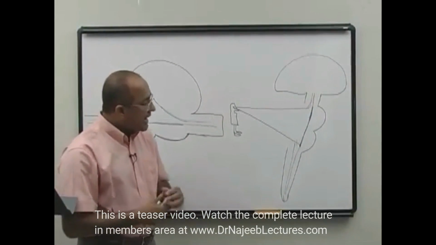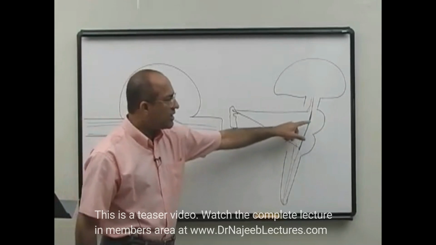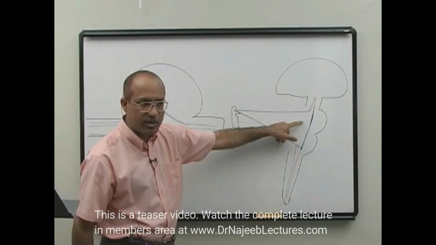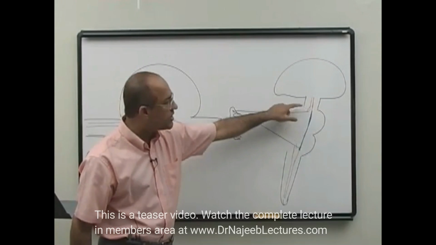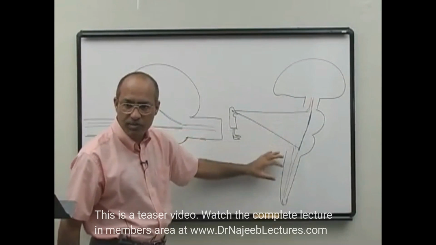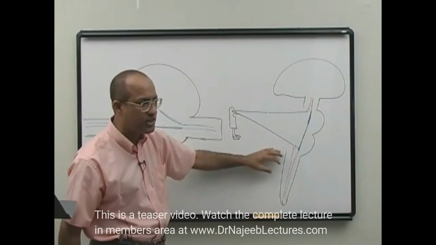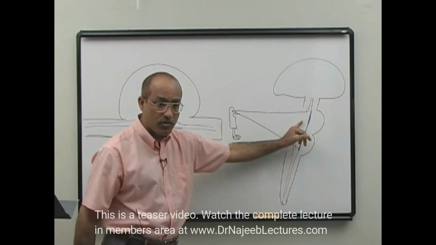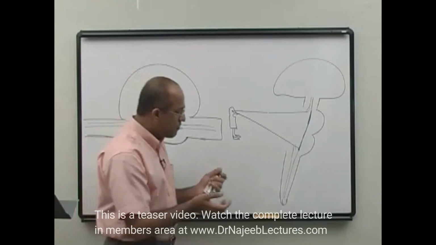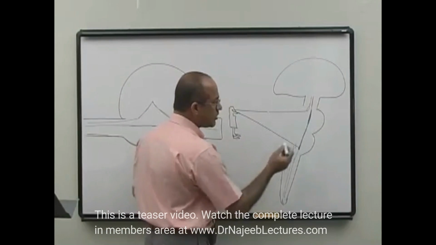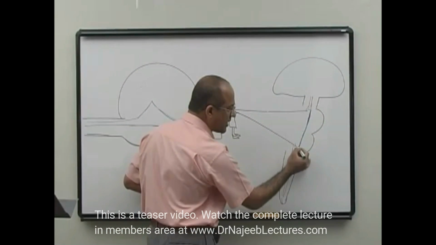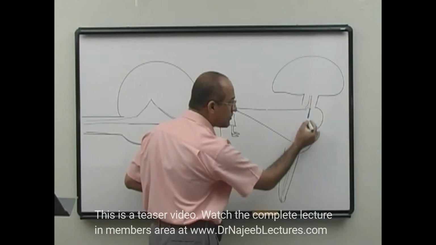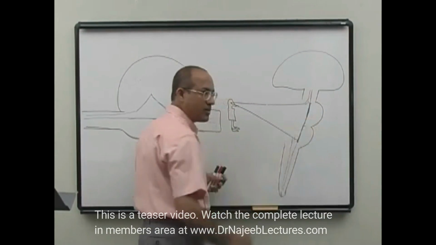So actually, when you're looking at the back of the pons in normal anatomical arrangement, you cannot look because there is the cerebellum. If you remove the cerebellum along with the roof of the fourth ventricle, then you are looking at the floor of the fourth ventricle. An important point to understand here is that half of the floor of the fourth ventricle is made by the medulla and half of it is present on the back of the pons.